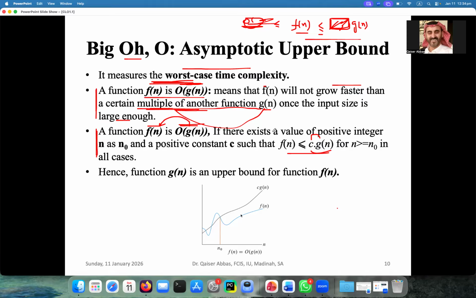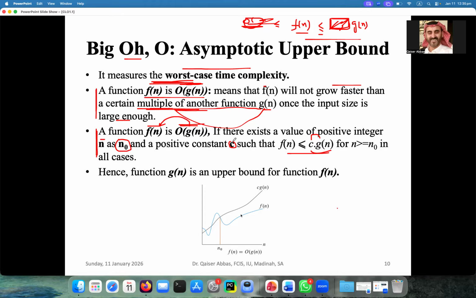You have to find if there exists some positive integer, which you call n0, from the input. n0 is the starting number. And then there is a positive constant c. You will find that.